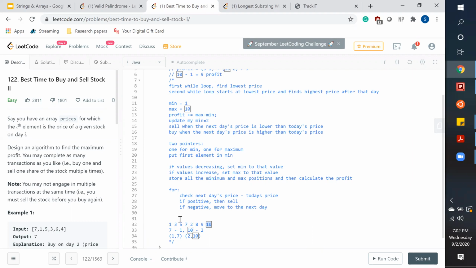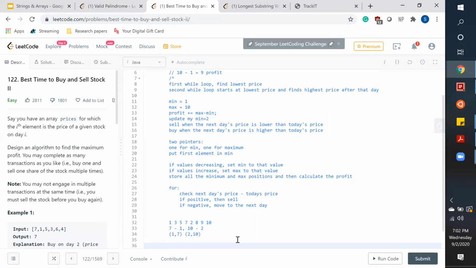But what I'm saying is, to calculate my profit, my profit is just the difference between 1 and 7, and that can also be calculated as the difference between 1 and 3 plus the difference between 3 and 5 plus the difference between 5 and 7, because I'm essentially just trying to calculate 7 minus 1, right?